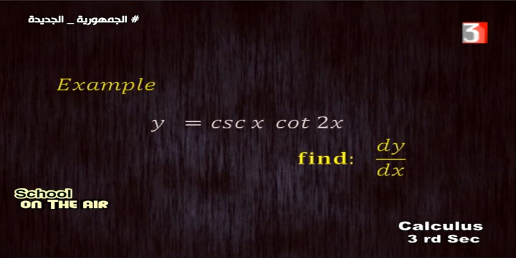Here the function y equals a product of two trigonometric functions, cosec x multiply cotan 2x.